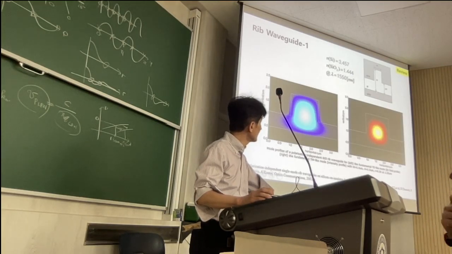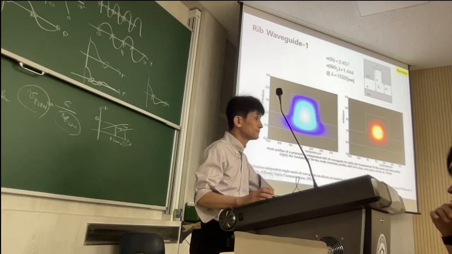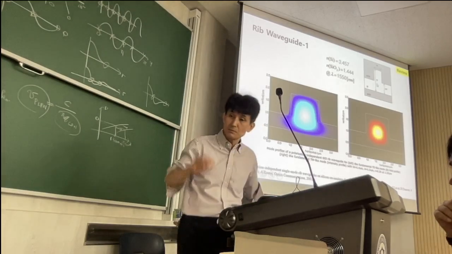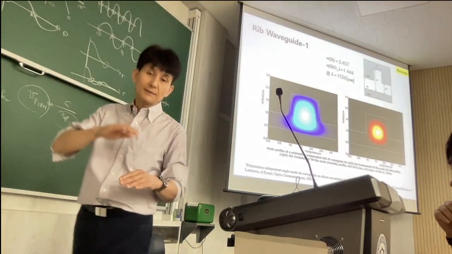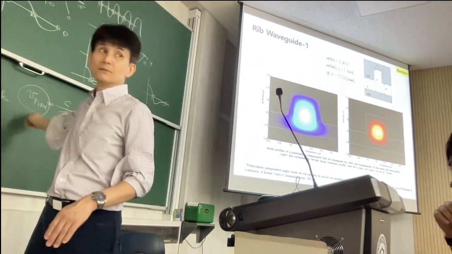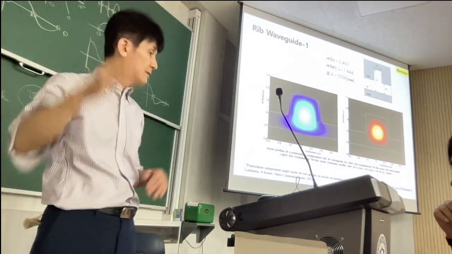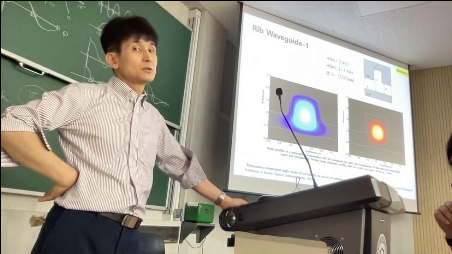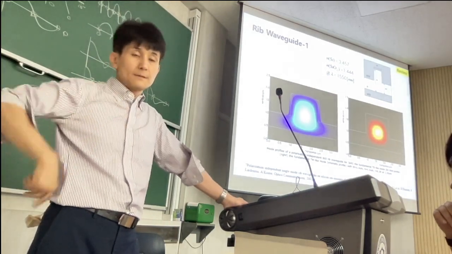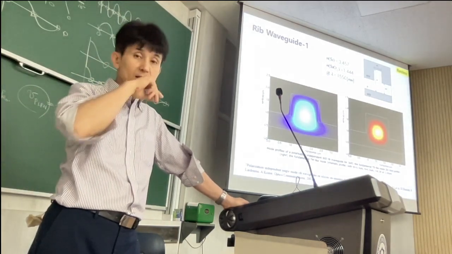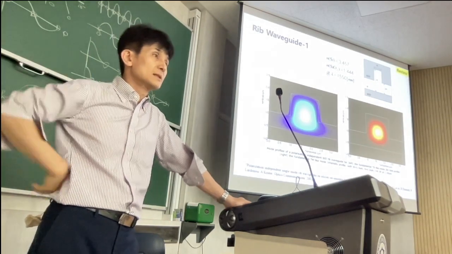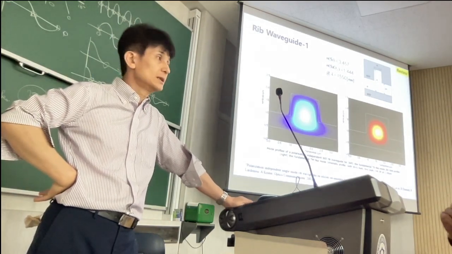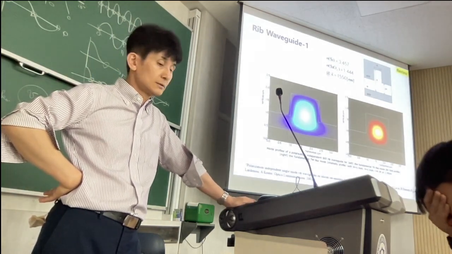People make this kind of waveguide with the semiconductor lithographic technique, and people like to make a single mode because if there exists multi-mode, each mode has a different phase velocity and different group velocity. So if you put a single pulse, it's split into 2 or 3 or even more.